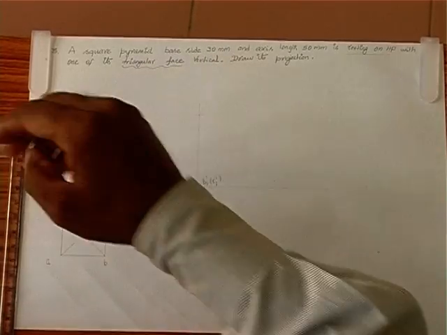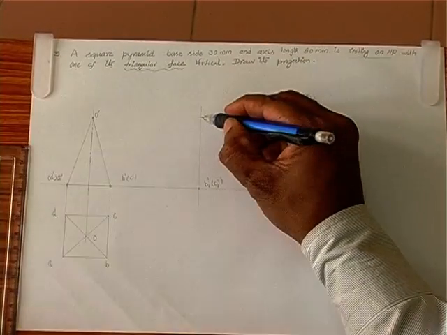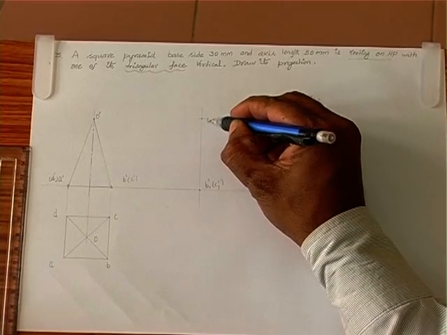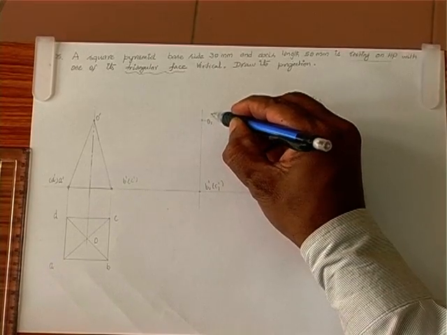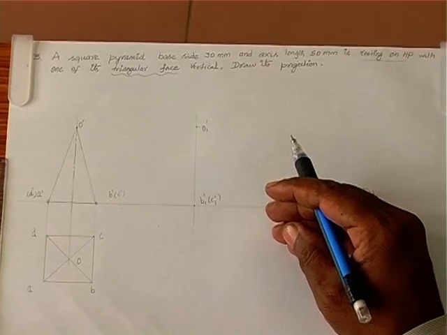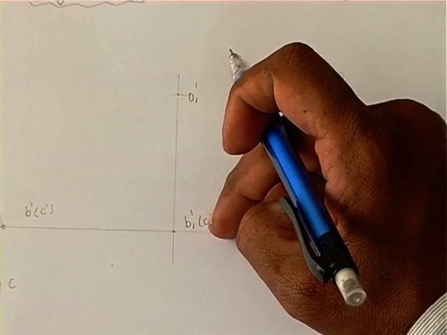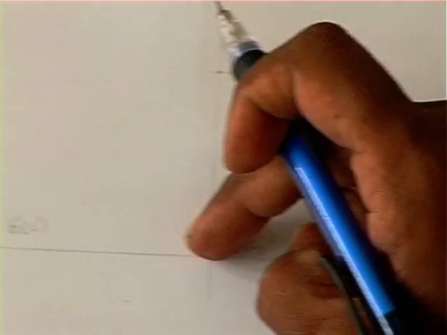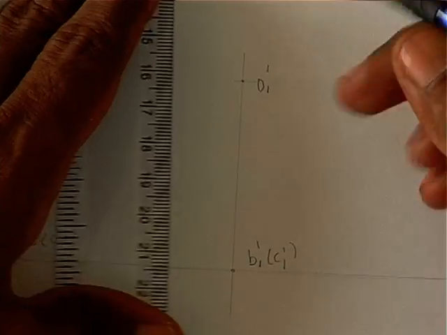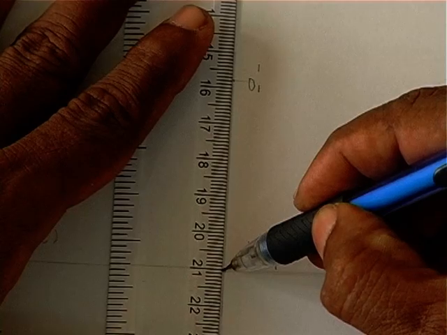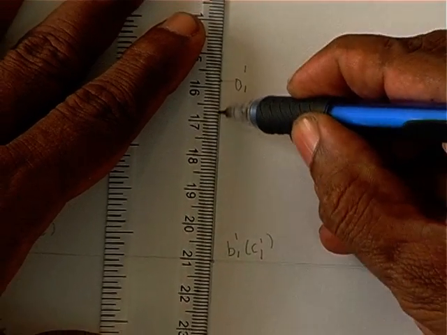So now this is our O1 dash. Here O1 dash, B1 dash, C1 dash is a strictly vertical line. So this is the answer. So we join this.